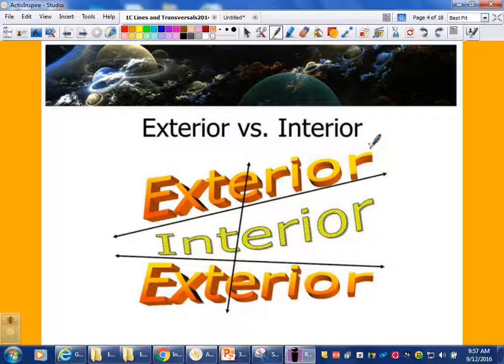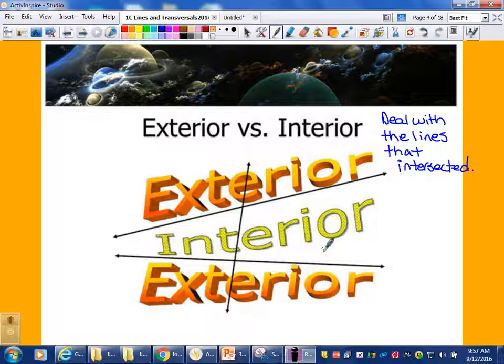When it comes to lines and transversals, and we talk exterior versus interior, we're dealing with the lines that are intersected, which means that when you're looking to see if it's exterior or interior, you're looking at the lines being intersected by their transversal.